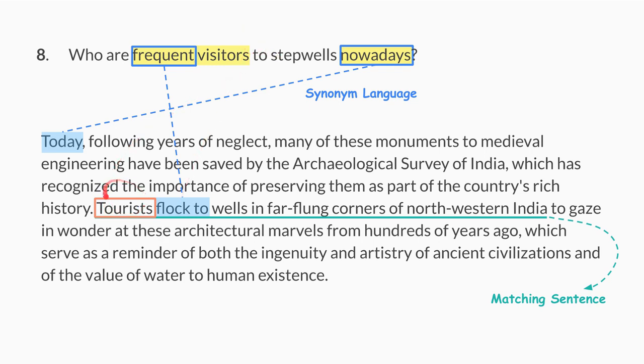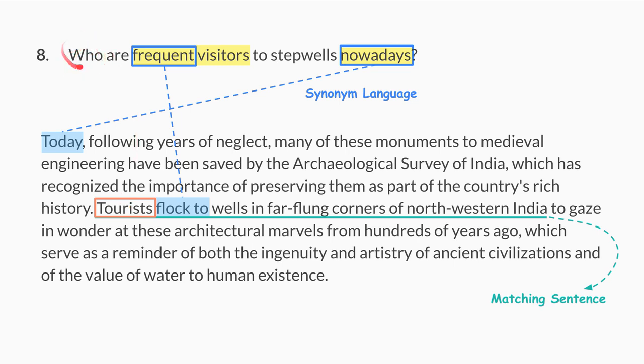So tourists can be seen as a synonym for visitors. It can be a synonym, but in this case, the question is asking us the type of visitors, because there can be many types of visitors. You could be a local visitor, you could be someone from the neighborhood, but you could also be someone from abroad, such as a tourist. So that is the correct answer for the who.